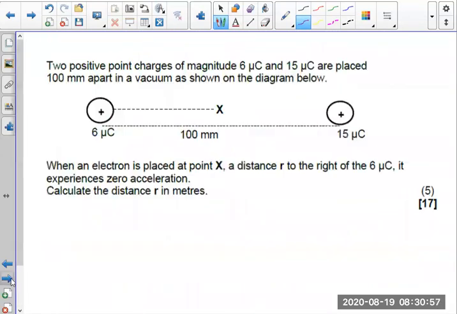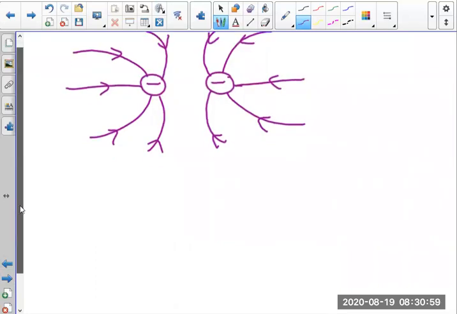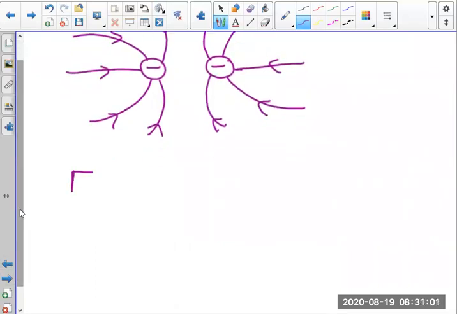And if they want us to work out the force between the 2 charges, we're going to say F equals K Q1 Q2 over r squared. This is the equation that you use if you work out the force between the 2 charges.